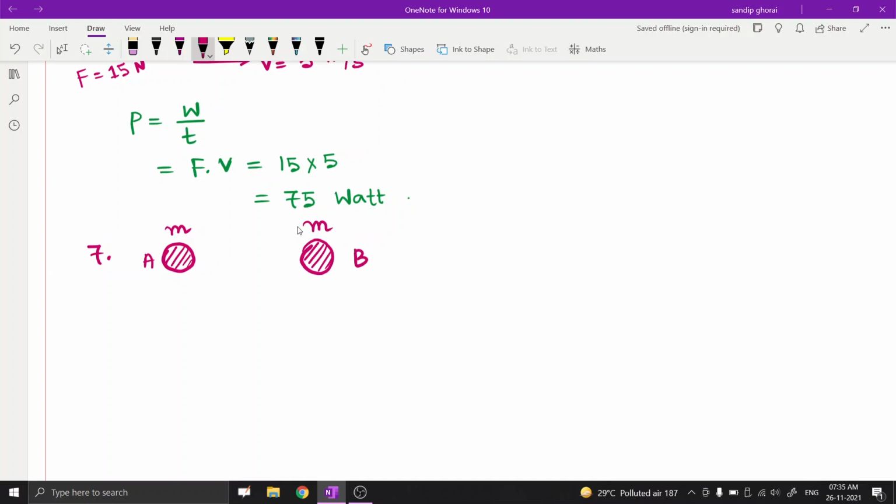Okay, sorry, in this body you have greater mass, we take 2m, and for body A the velocity is 2v, but for body B the velocity is v.